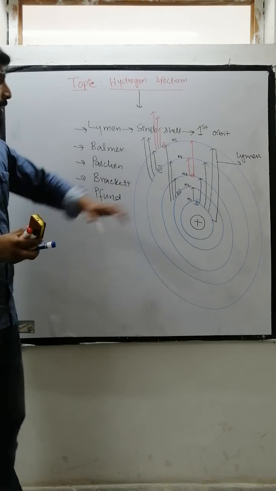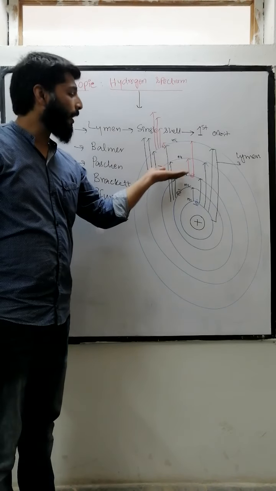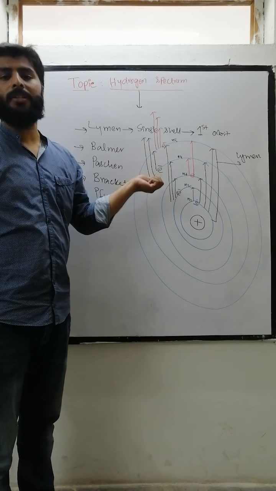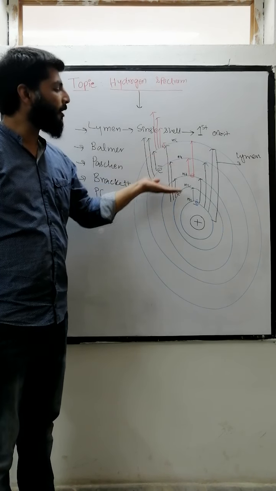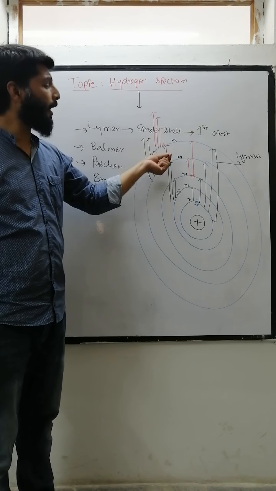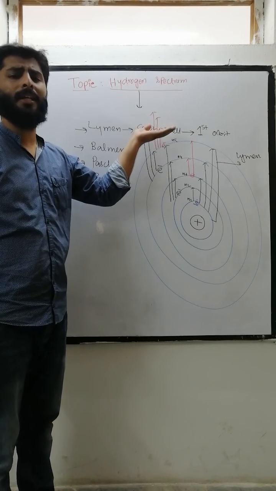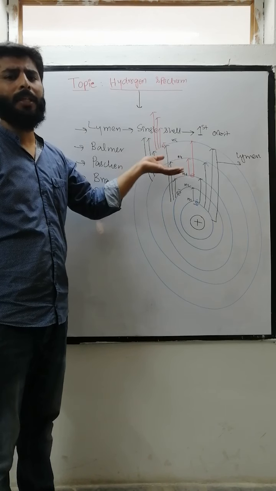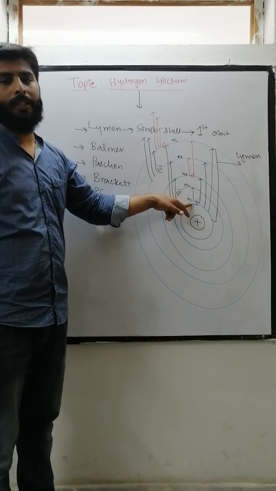Students, electrons will jump from low energy level to higher energy level. They will absorb energy, and after absorption they will be at a position with higher energy level. But an atom or a substance with higher energy level will be less stable as compared to the electron with low energy level.